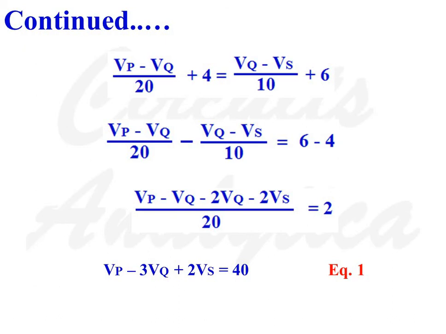Rearranging the terms we can write (Vp minus Vq) the whole divided by 20 minus inside bracket (Vq minus Vs) the whole divided by 10 is equal to 6 minus 4.